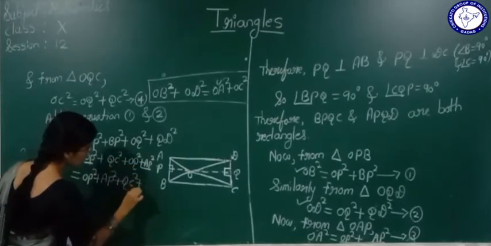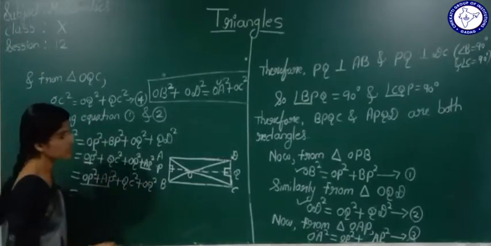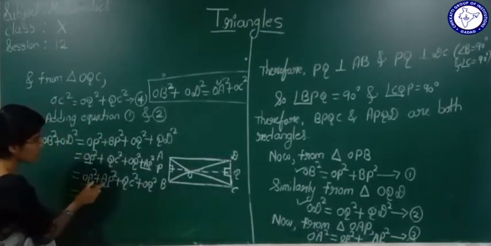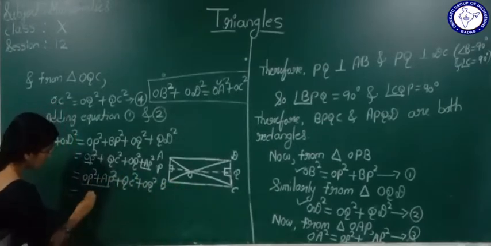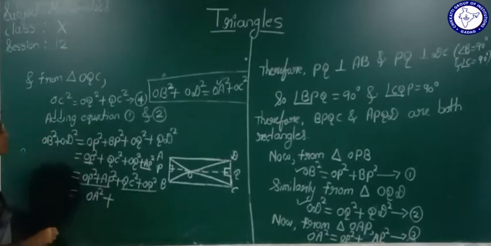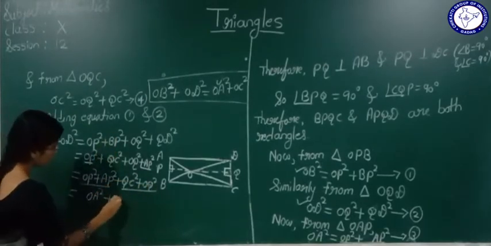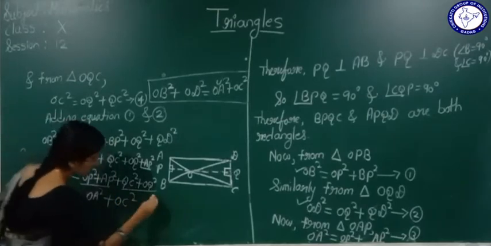From equation 3, what can I write? OP square plus AP square is nothing but OA square. From equation 4, what can I write? OQ square plus QC square is nothing but OC square.